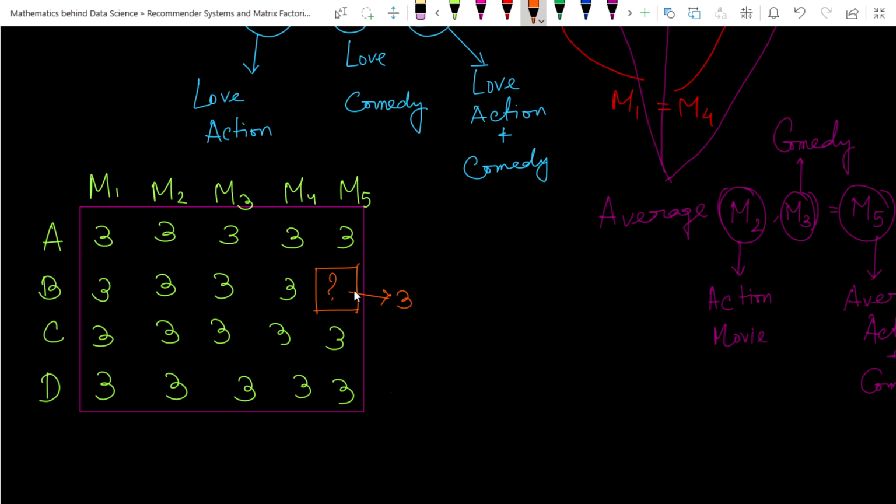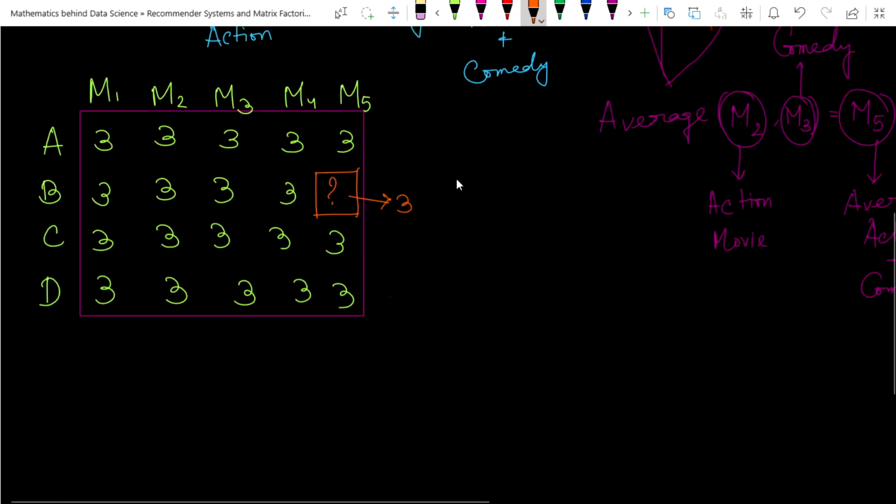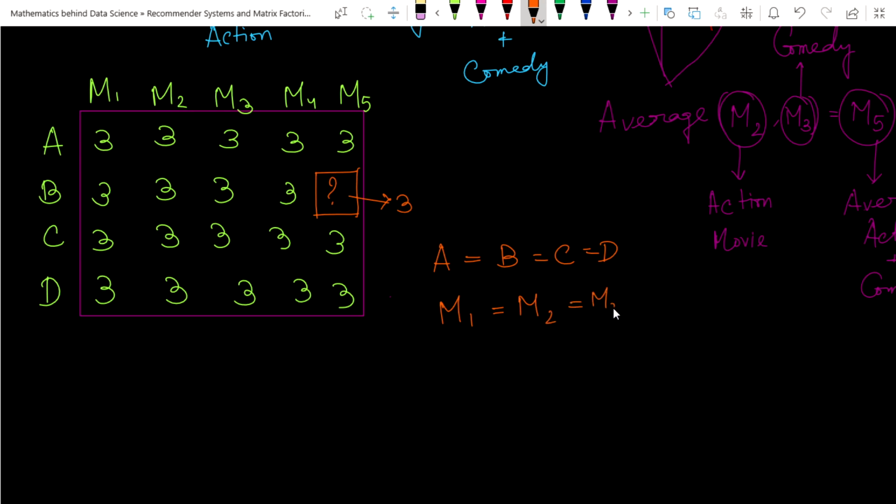Just see this data: each user's choices are equal, and for each movie also they are equal choices. Some average value they have given for each movie.